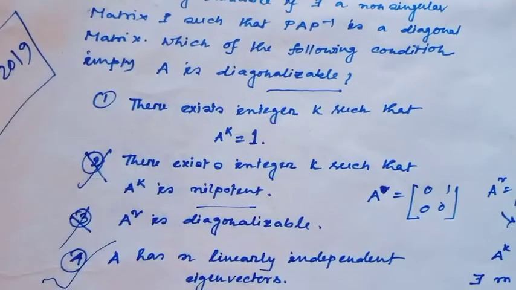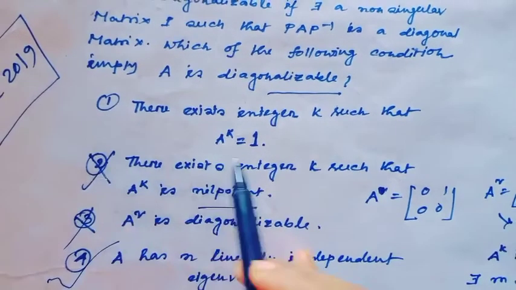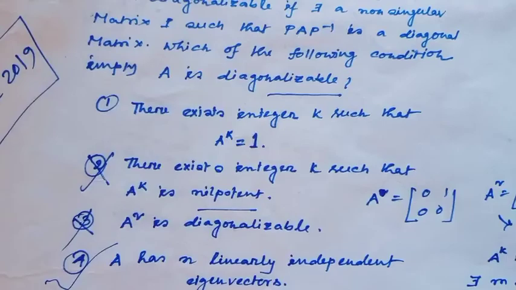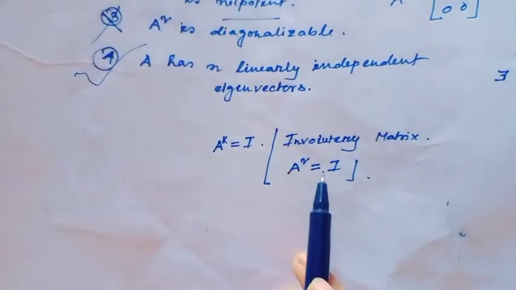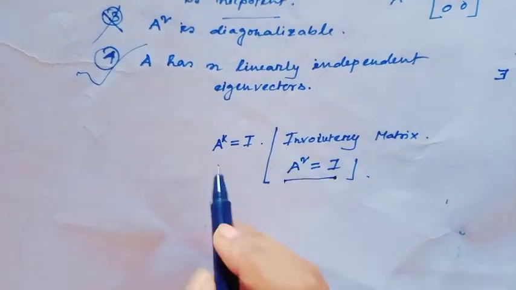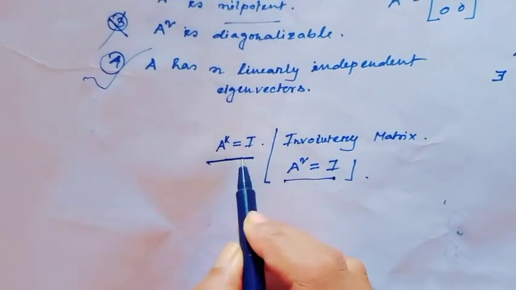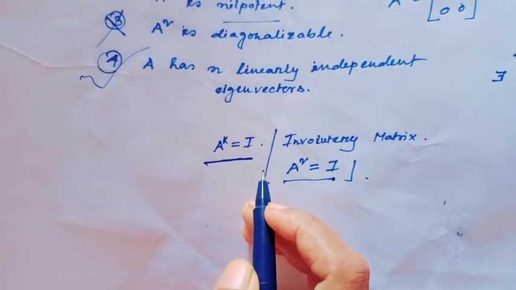Option 1 says there exists an integer k such that A to the power k equals I. We know an involutory matrix is one where A squared equals the identity. But here A to the power k equals I, the identity.